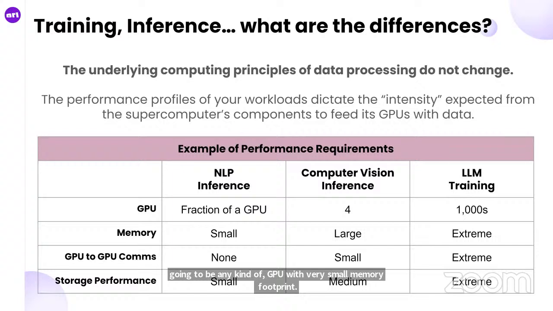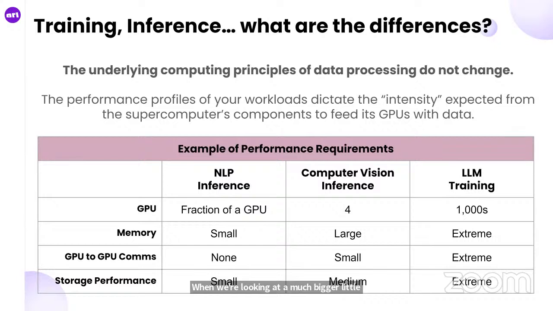When we're looking at a much bigger model, large language model, and we're looking at doing trainings, all of a sudden the requirements are very different, and we're talking about thousands of GPUs that are required. The data pressure on the memory, on the communication, on the storage becomes extreme.